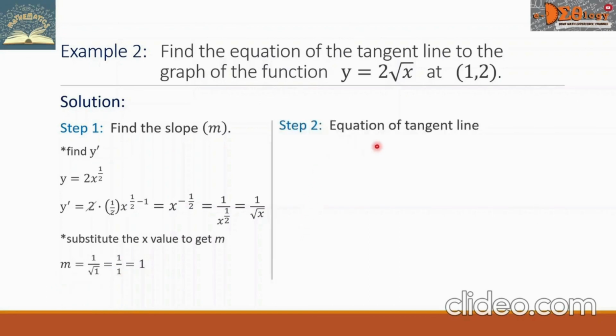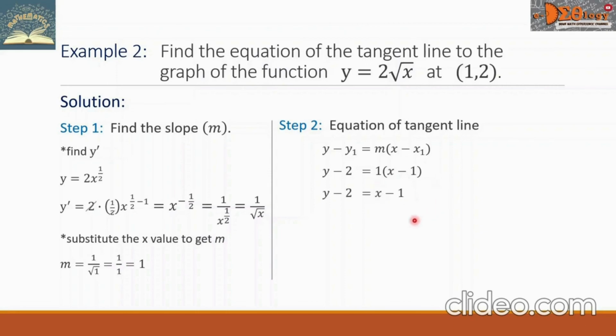Now step 2. The equation of tangent line, we're going to use our point slope form. Let us substitute the corresponding values. Y sub 1 is the y coordinate here. The m is the value from step 1, and x sub 1 is our x coordinate. So we have y minus 2 equals 1 times the quantity x minus 1.